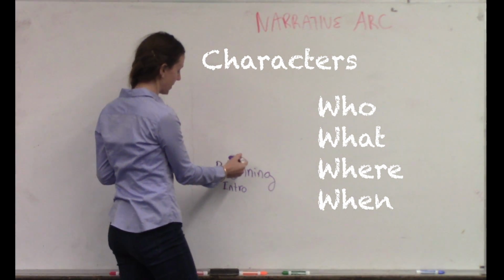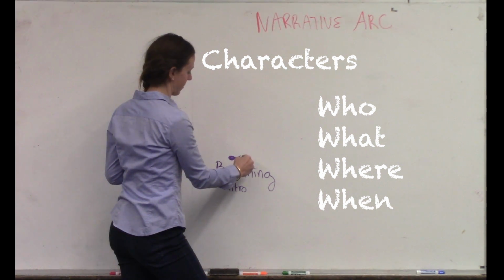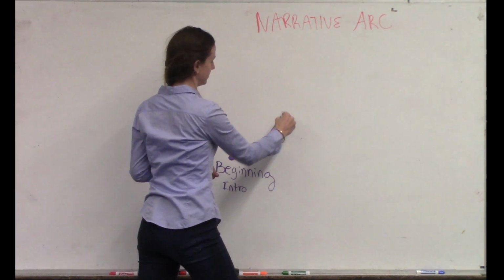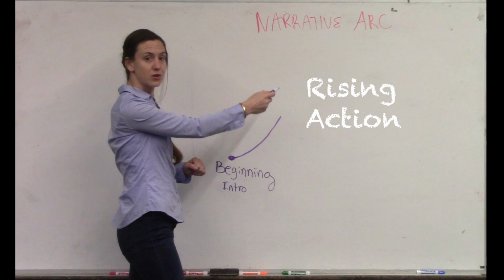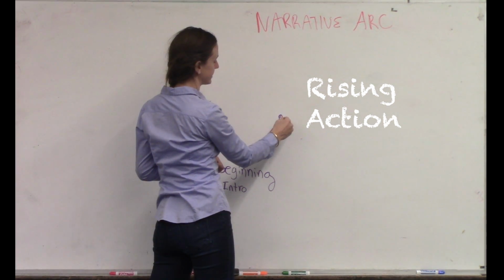All right, so from the beginning, we start trekking up our plot mountain, and we start going up. This uphill is called the rising action, and we're going to have another scene here.